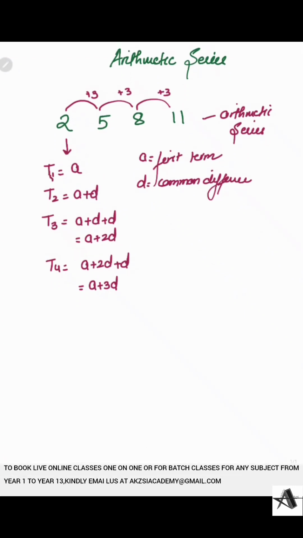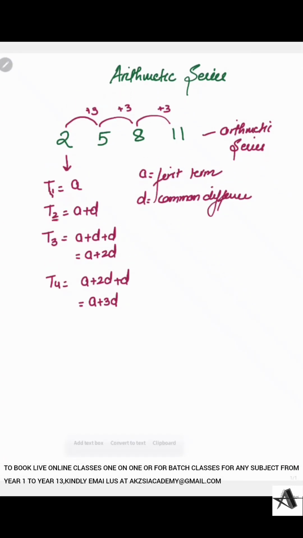When it was 1, there was no D. When it was 2, there was 1D. When it was 3, there was 2D. When it was 4, there is 3D. That means the coefficient of D is 1 less than the number of the term. So if I want to find Tn, definitely the coefficient of D will be 1 less than n. And this is my final nth term. So the nth term is A plus n minus 1 multiplied by D.